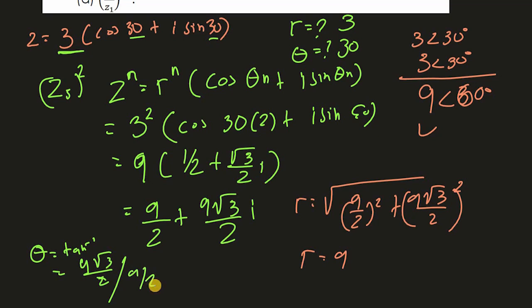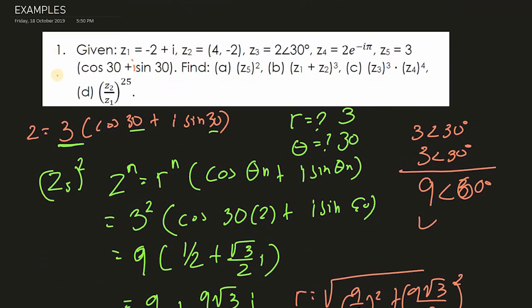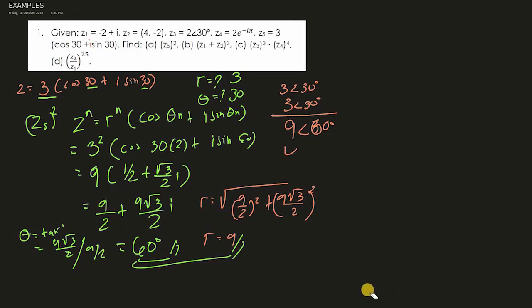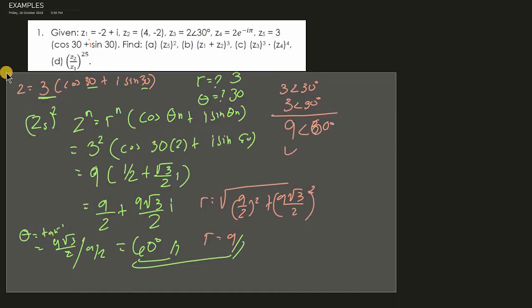So kapag lumabas ay 60 dyan, shift tan tayo guys, shift tan, tapos 9 square root of 3 over 2 over 9 over 2, shift tan, ang tama 60 degrees. So basically, this is to prove na tama ang De Moivre's formula. Okay? So let's try solving more para mas mag-grasp pa natin. Okay?